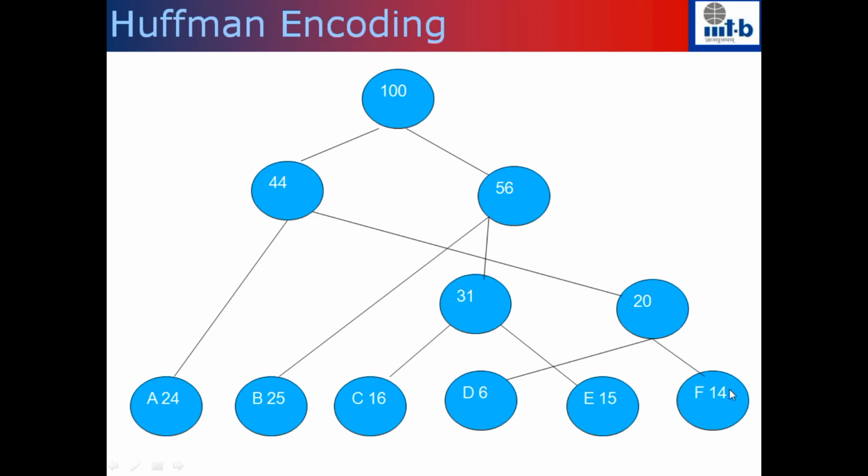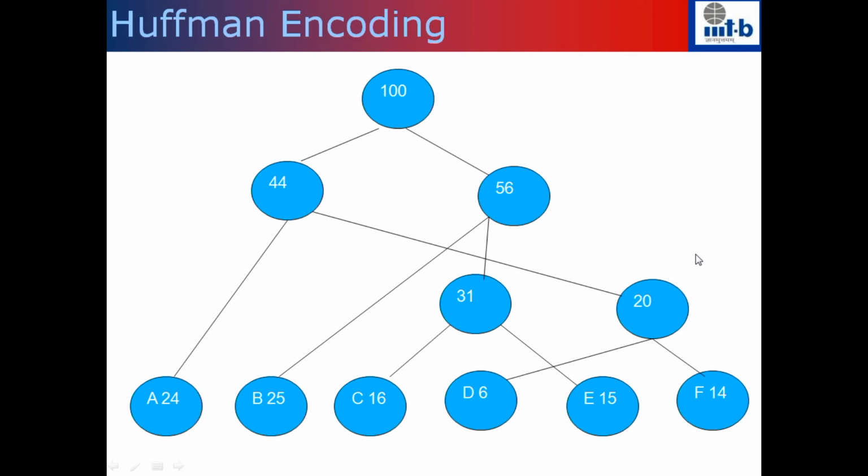So you start following the path from the root node to the leaf node. If you take a left turn, write 0. If you take a right turn, write 1, right? So that will give you the encoding for each of these alphabets. So if you have to encode A, B, C, D, then you just replace A with the encoding of A, and B with the encoding of B, and so on.